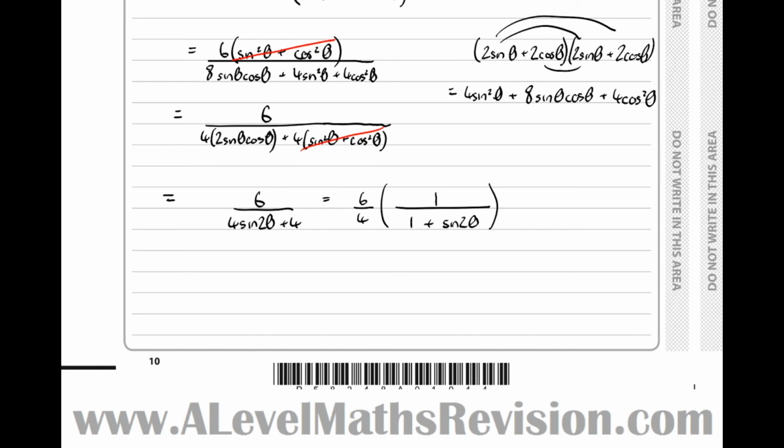What I've done here is taken out a factor of 4 from the bottom. So I get 4 times 1, which is 4, and 4 times sine 2 theta, which is 4 sine 2 theta. But notice the constant needs to be on the top. Well, 6 over 4 simplifies to 3 over 2, over 1 plus sine 2 theta. And that's the format that it wanted it in.